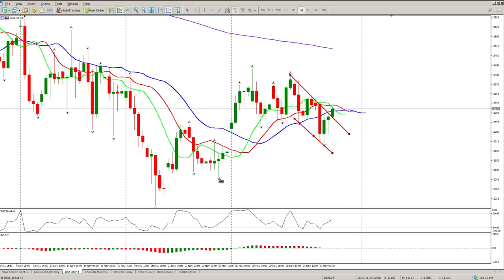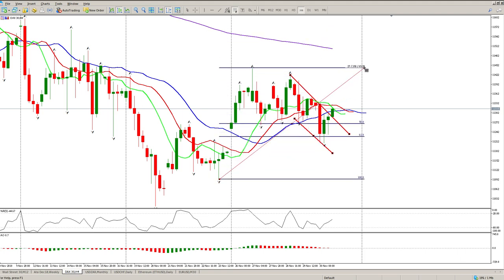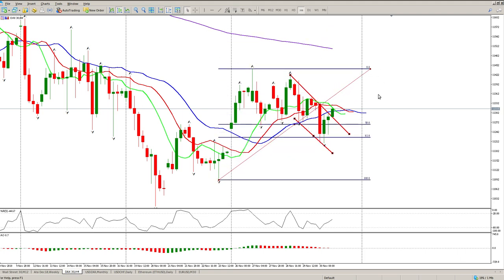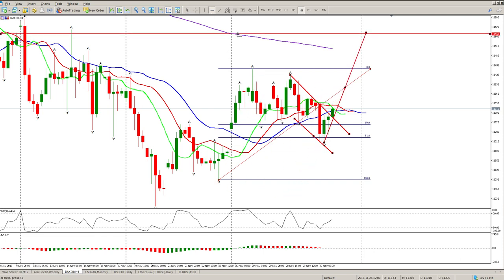That's the one we're looking for, from that low to that high. Yeah, 61.8 pullback, and we're bouncing off. So technically, if we just look at price action, what we're looking for is that kind of thing.